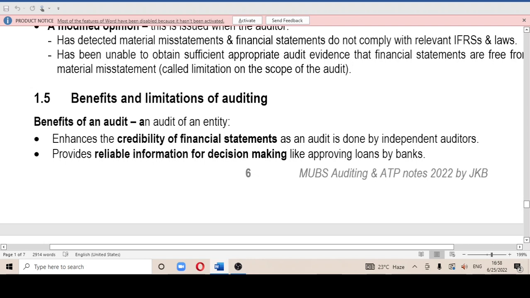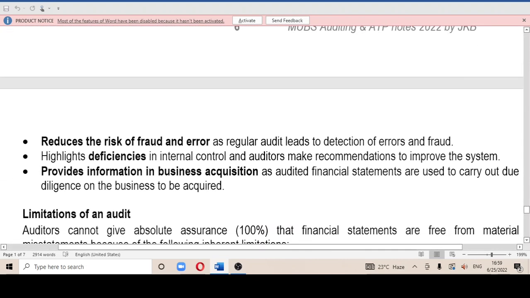The second one, it provides reliable information for decision making, like approving loans by banks. Then the third one, it reduces the risk of fraud and error, as regular audit leads to detection of errors and fraud. Then it highlights deficiencies in the internal control, and auditors make recommendations to improve the system. So these are all self-explanatory points.